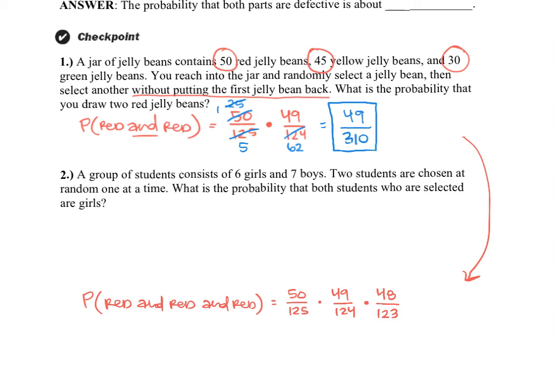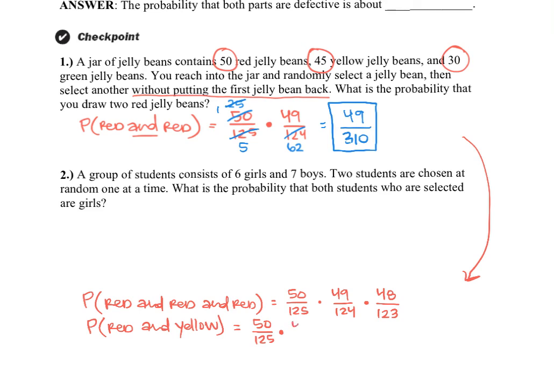The other thing I want to point out to you is, let's say that this problem asked you to find the probability of red and then yellow. Okay, well, we've already found the probability of red. It's 50 over 125. Now, if you are assuming that the first one you chose was red and you want the second one to be yellow, well, there's 45 yellow jelly beans, and none of the yellow jelly beans have been taken.